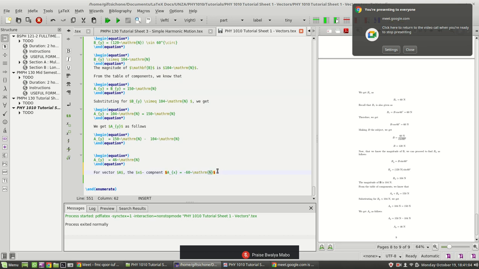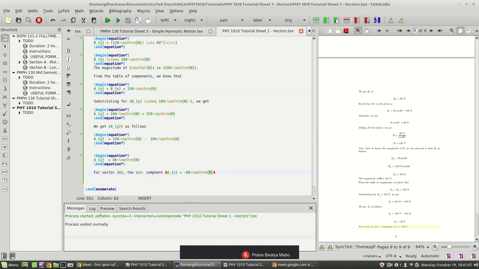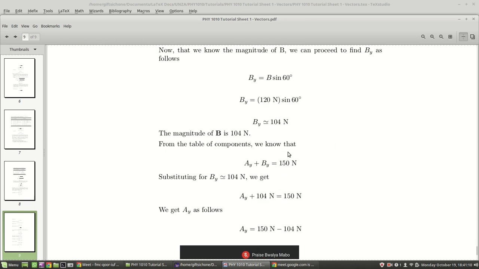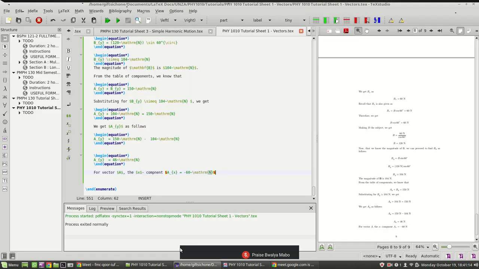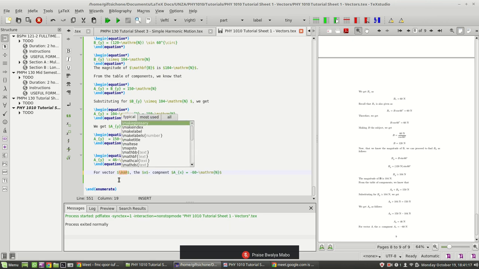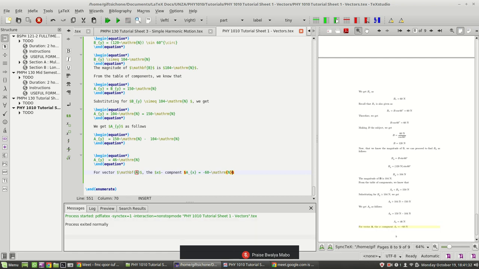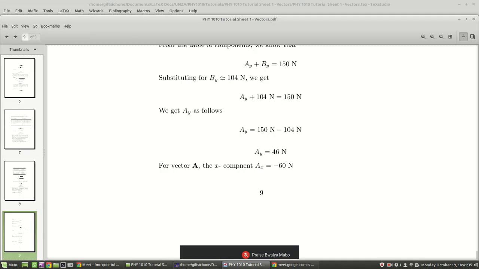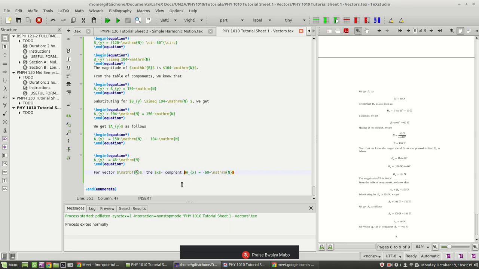So for vector A, the x component is negative, it lies along the negative x-axis.